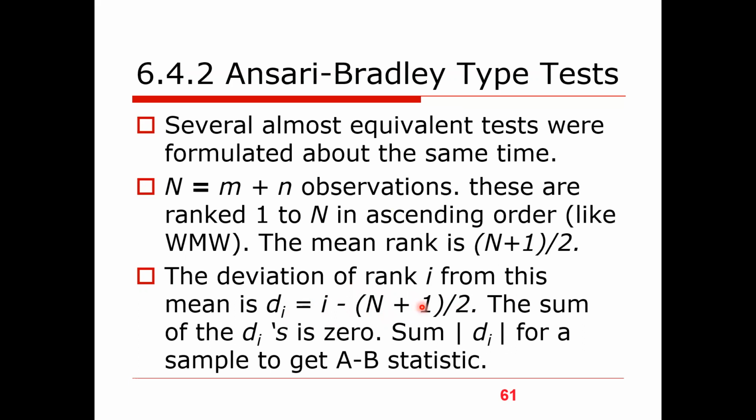This actually measures the distance between an observation and the center, the middle ranked observation. How many distance in terms of the rank from observation to the middle rank of the observation. So this is the meaning of the AB statistic.